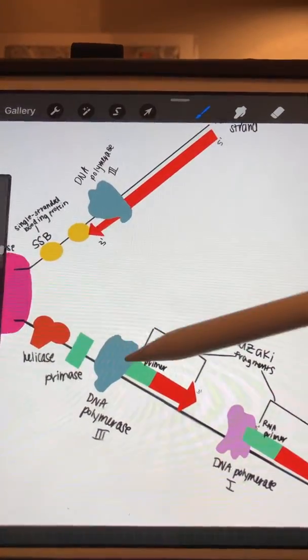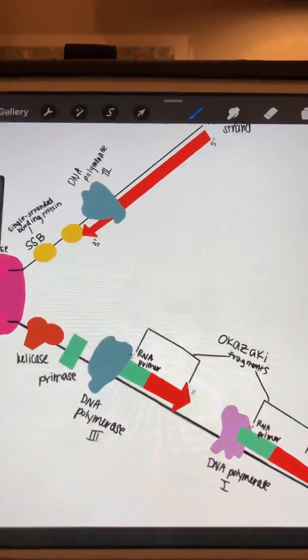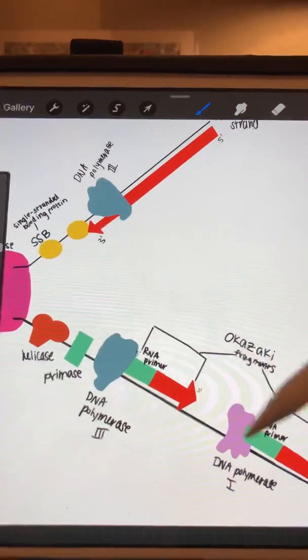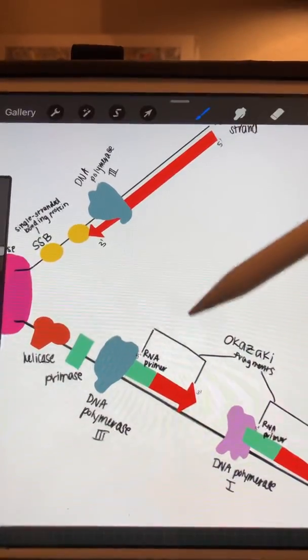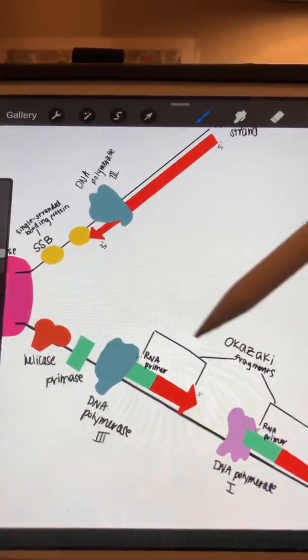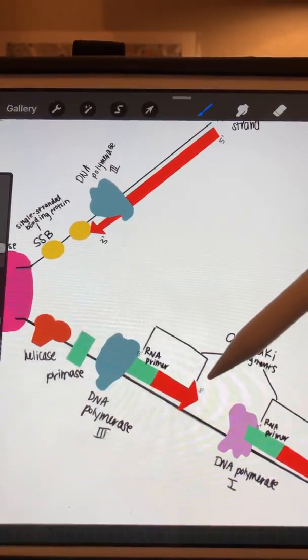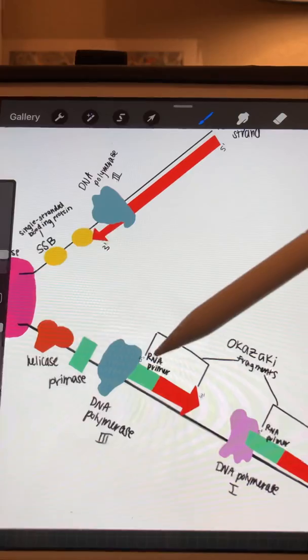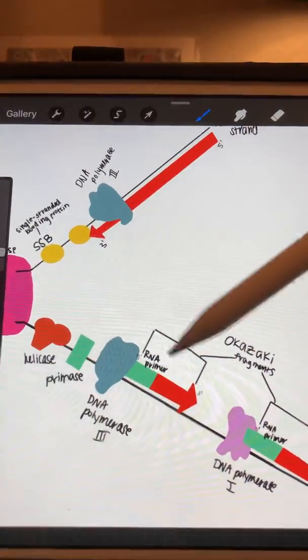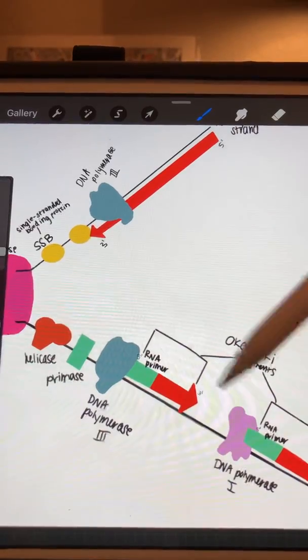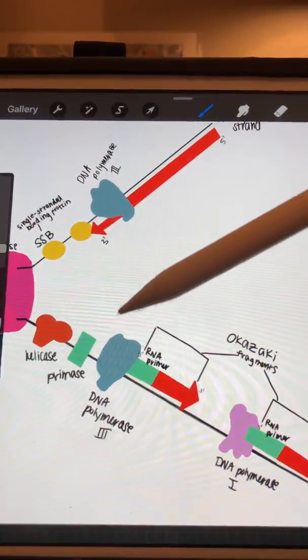And our DNA polymerase is going to be doing that transcription of changing our RNA to DNA as we're going along these fragments. Now, in this case, these fragments are down here in our lagging strand due to the fact that these are needing to be read in the 5' to 3' direction, but in this case, it's being read 3 to 5 over and over, which is making the discontinuous pattern.